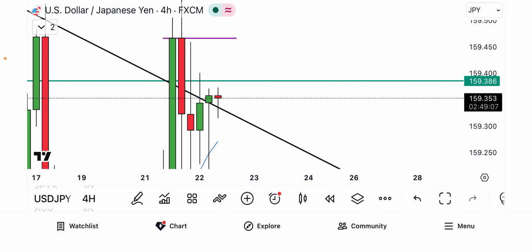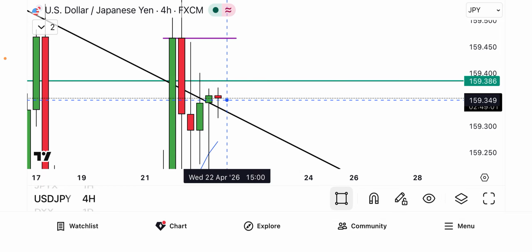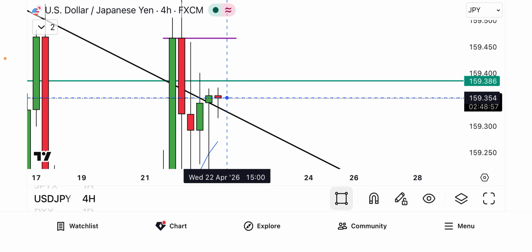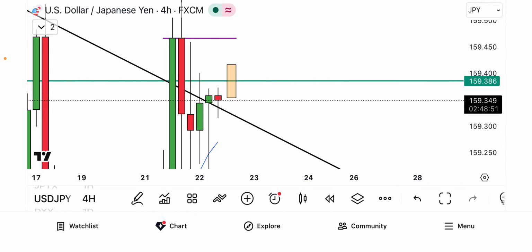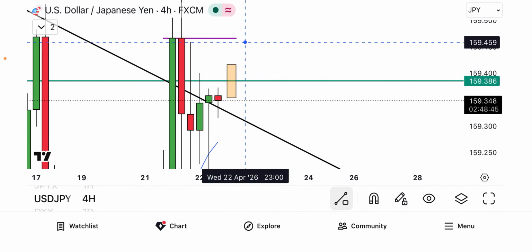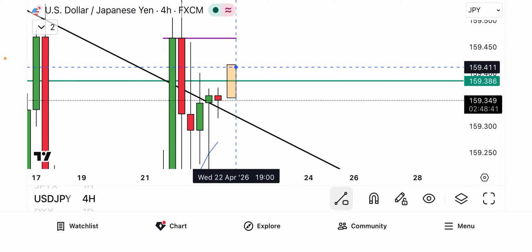No matter how this candle closes, whether bearish or bullish, right now I think the flow is bullish. So if this one closes bullish, I don't know how it's gonna close, but if it closes bullish like this, we are gonna put our technical analysis.